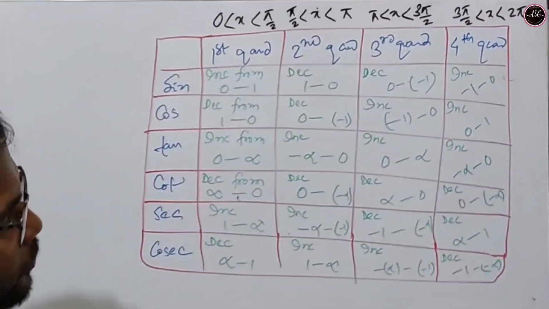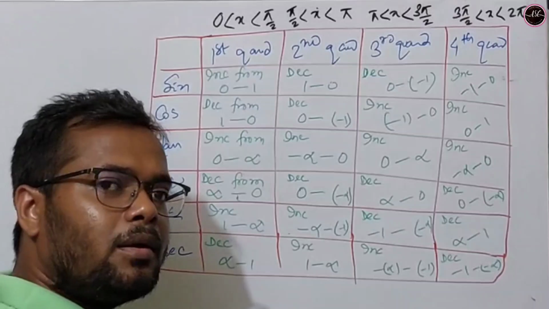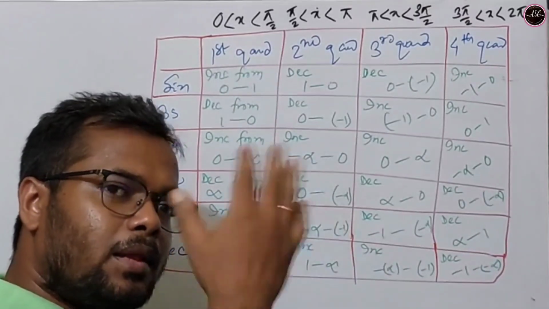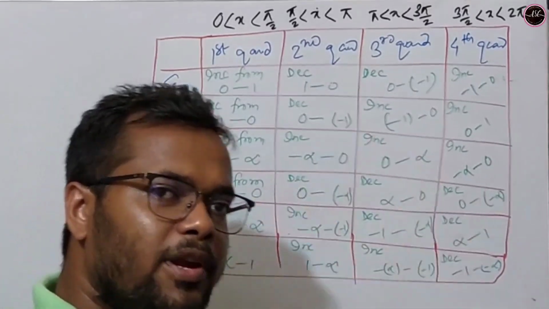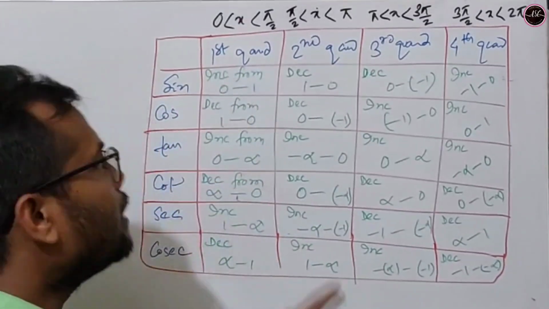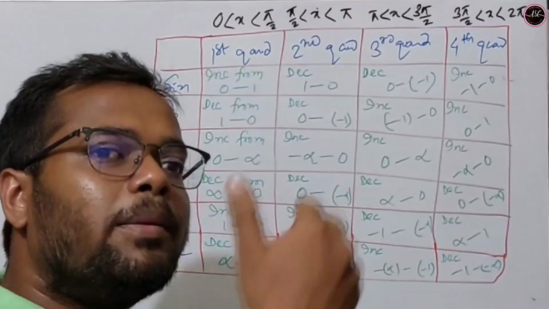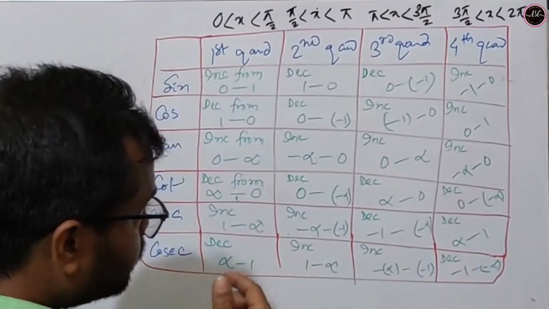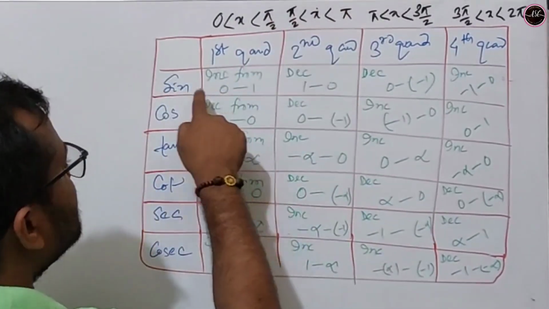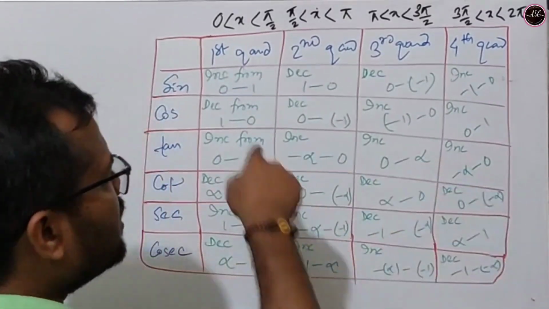Just see here, in the quadrants, the values of the trigonometric functions can be different. In the first quadrant, when x goes from 0 to pi by 2, the value of sin x increases from 0 to 1.